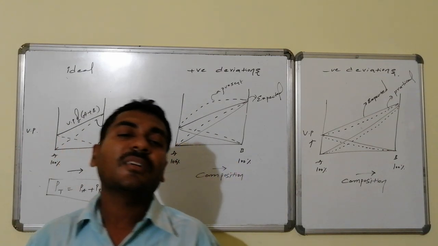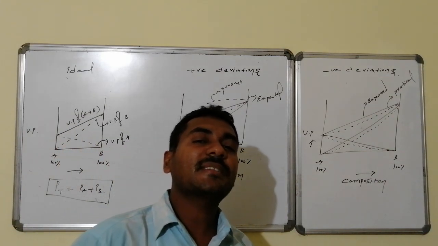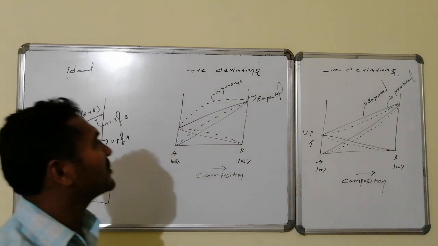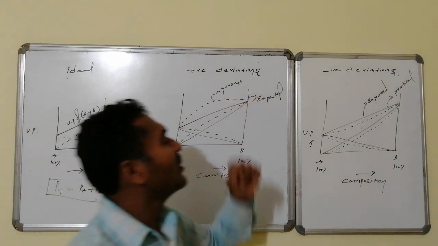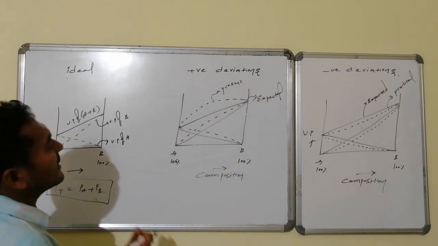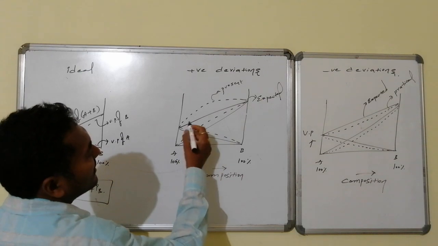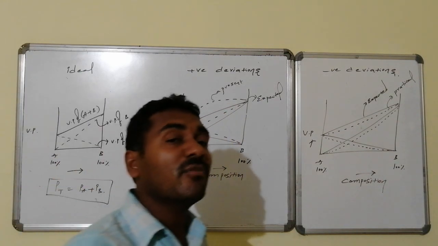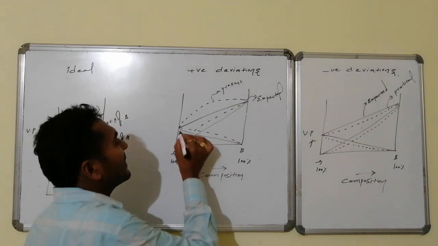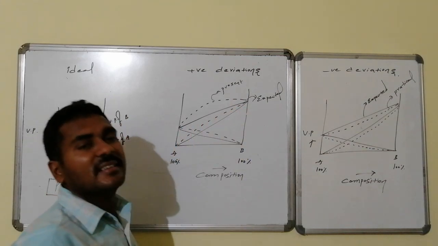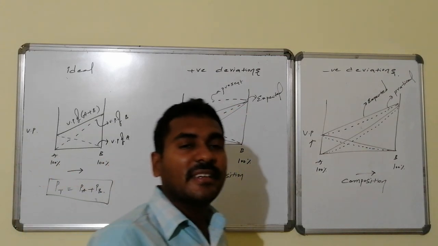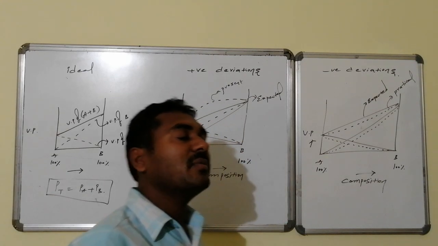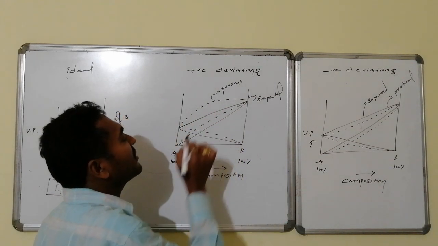These are no-deviation solutions, hence these are said to be ideal solutions, non-ideal of positive, non-ideal of negative. See here, once again I am giving the information. This particular dotted line indicates the practical vapor pressure of the mixture, whereas this dark line indicates the expected, theoretical or calculated value of vapor pressure of A plus B of the mixture.